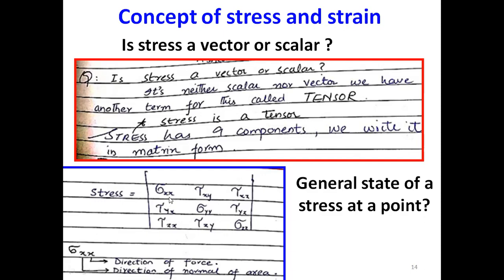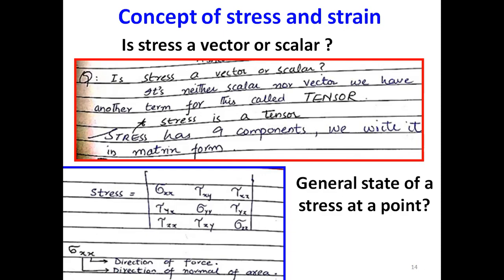Here we use two subscripts. For example, sigma xx: the first subscript describes the direction of the normal of the area on which the load is applied. So you have to take the normal to that plane or that area.